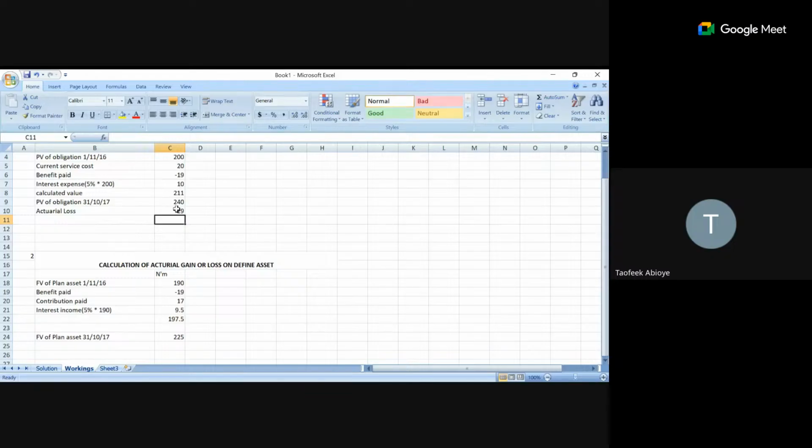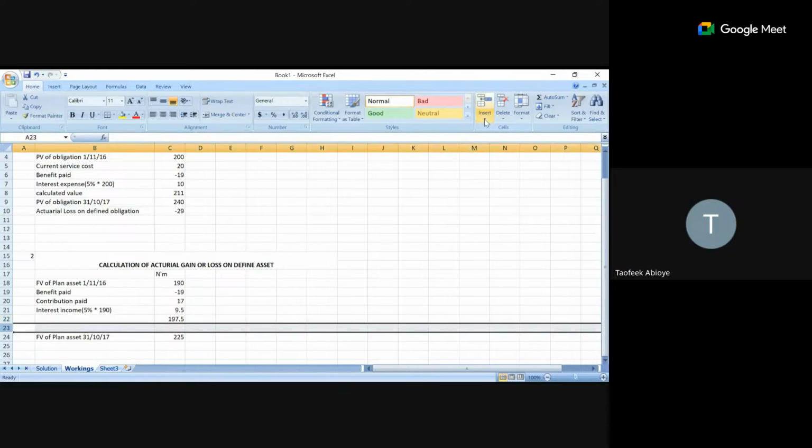So our actuarial loss on defined obligation is, because it must be loss, let me choose this minus this. So this is actuarial loss on defined obligation. This is actuarial loss. Now, let's do this one.